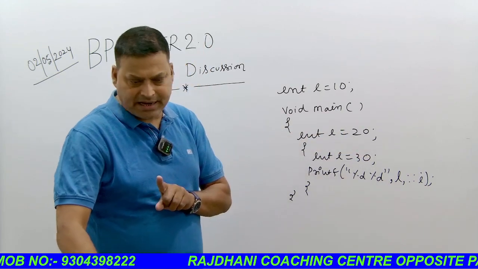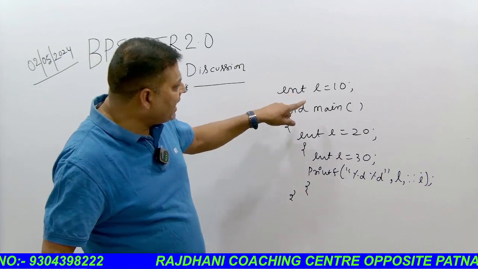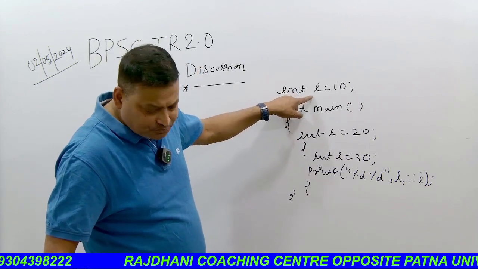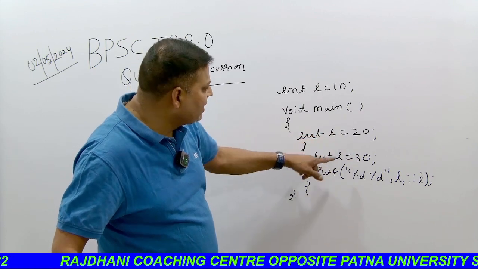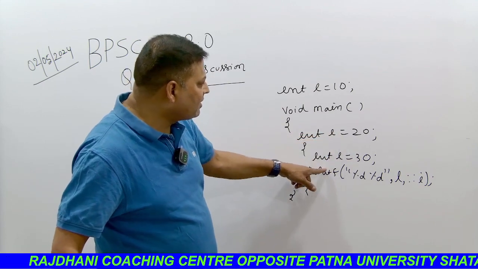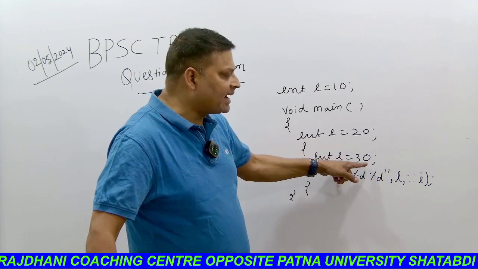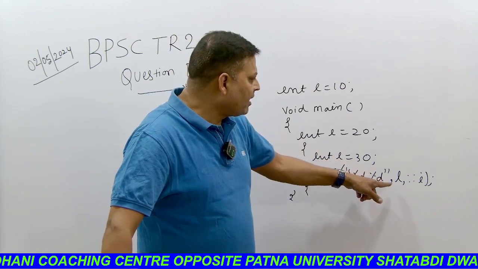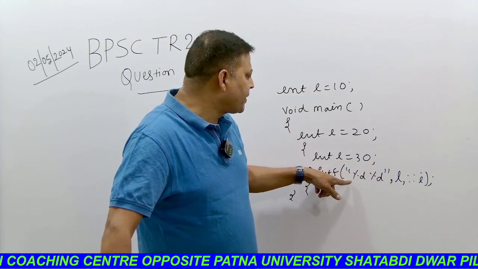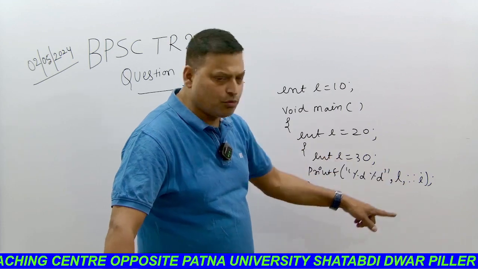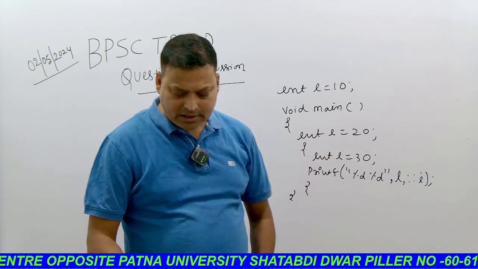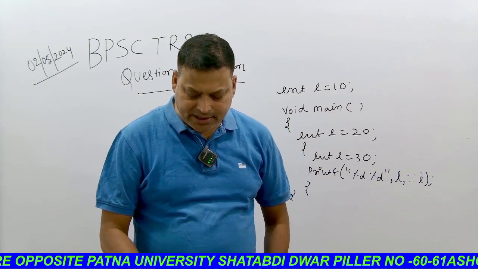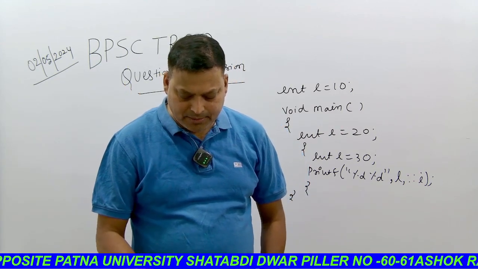First we declared i, then i equal to 20, and very soon the third i equal to 30. Now we are going to predict both i's values. The options are: 30 10, 30 20, 20 30, more than one of the above, none of the above.